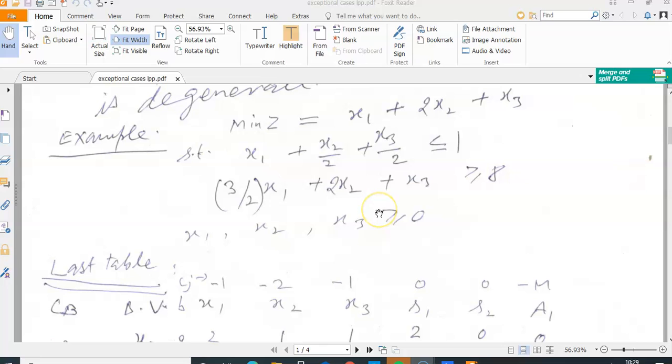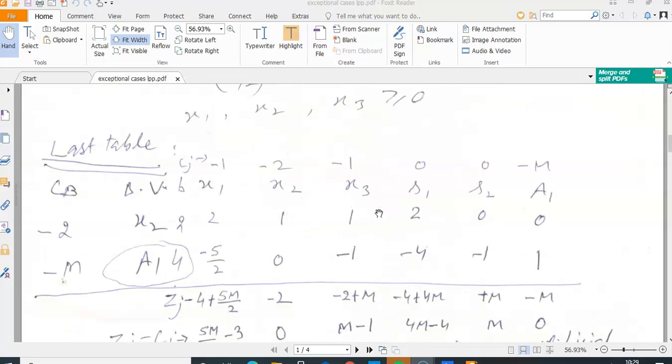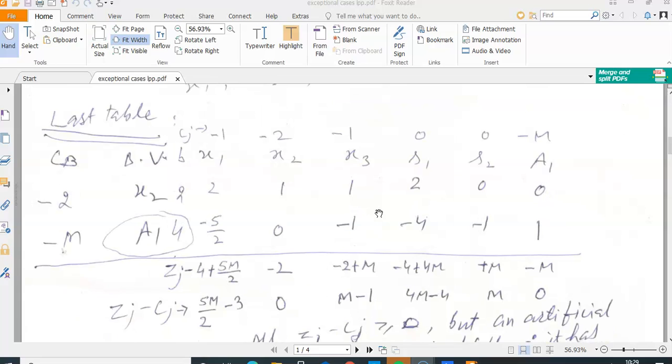If we solve this problem using the simplex method and go to the final table, we can find that the basic variables are x2 and a1. x2 has value 2 and a1 has value 4. I have encircled this here.